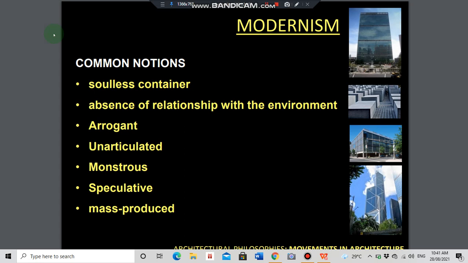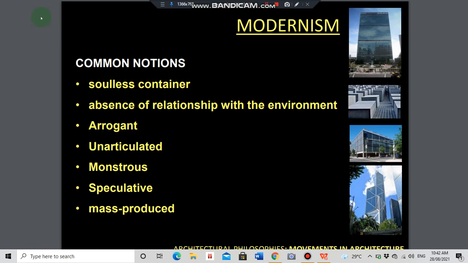That's why yung mga modern structures ngayon, dahil nga nagkaroon na ng pagbabago, in-incorporate na nila yung nature to their design. So parang designing with nature, na we should not neglect the environment dun sa ating design. Dapat ihalo natin, i-blend natin yung design. But of course, yan yung common notions about modernism, that it is an absence of relationship with the environment.